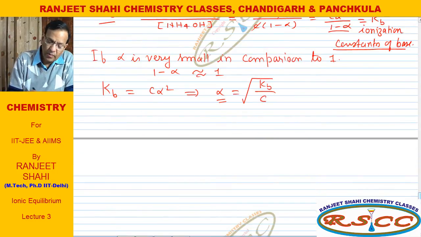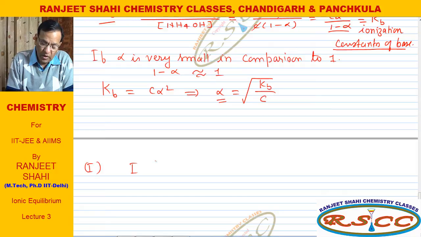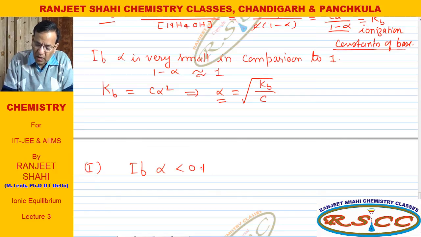Now, in a similar manner, to solve the problem of weak base, we determine alpha from the above equation. If alpha comes out to be less than 0.1, it will be taken as negligible.